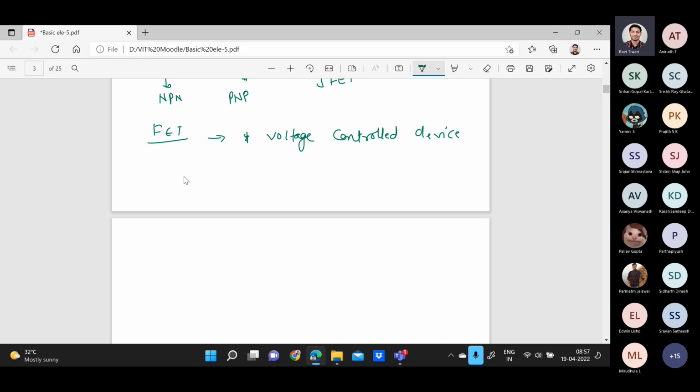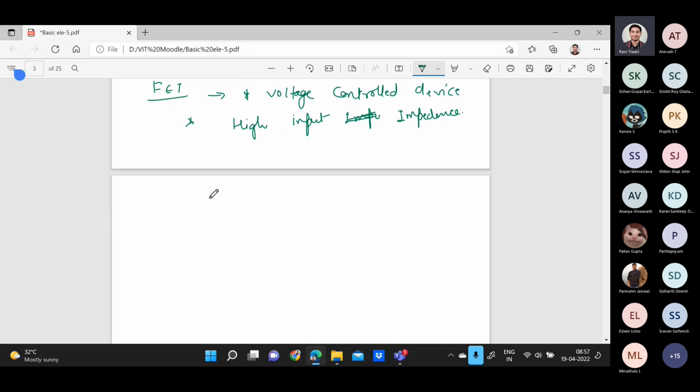Some advantages are there, like it provides high input impedance, and also it requires less power, or you can say low power consumption. So I am telling the advantages of why we are going for the FET, because these properties make FET better than your BJT.